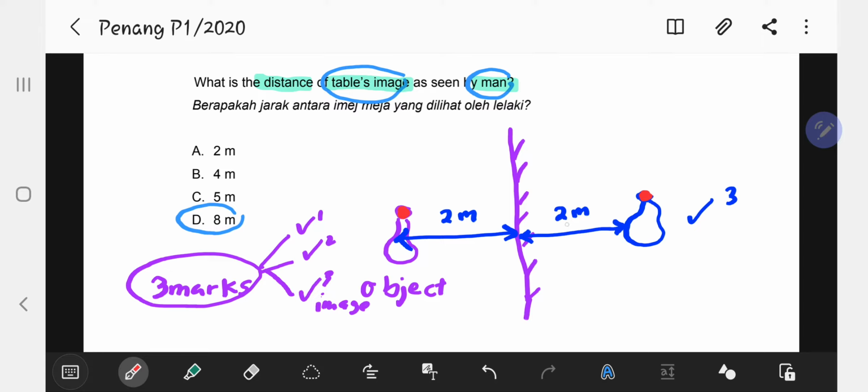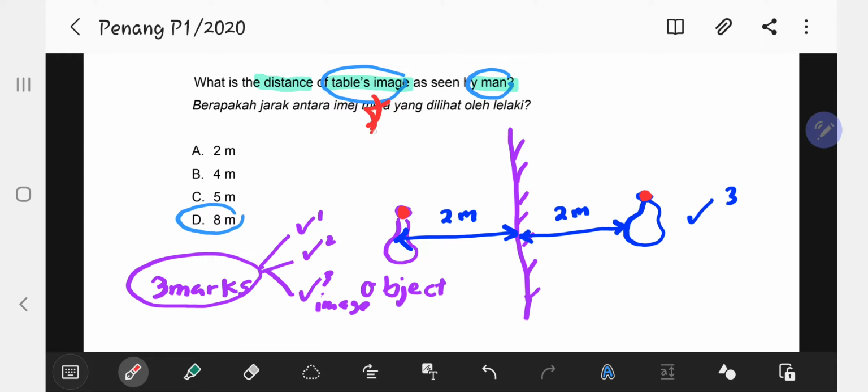Alright, so normally they will give you the eye, the observer. Let's say the observer is up here. So what you can do is put a ruler under the eye, and then another side will be here, at the image. So your ruler will be like this, and you just follow your ruler.